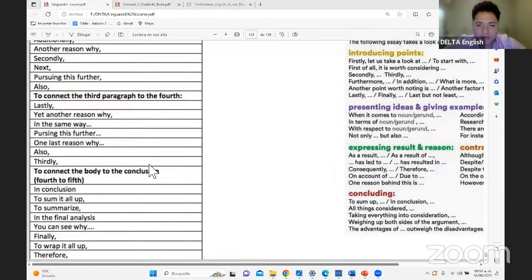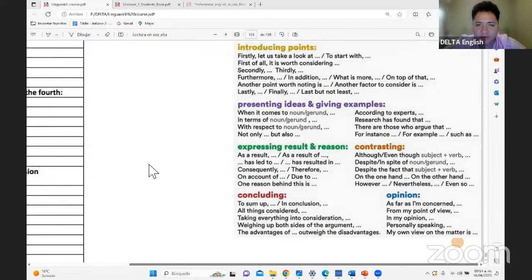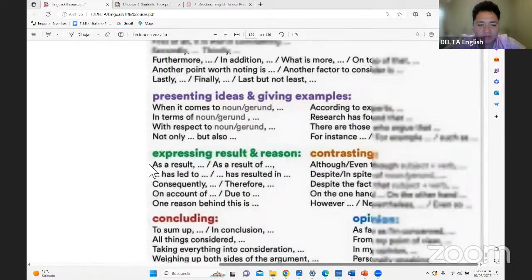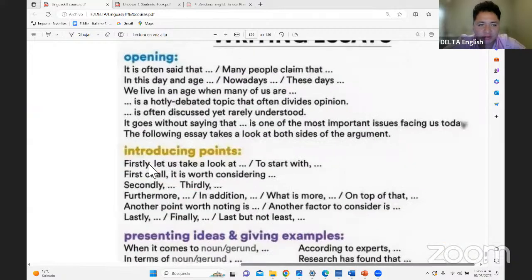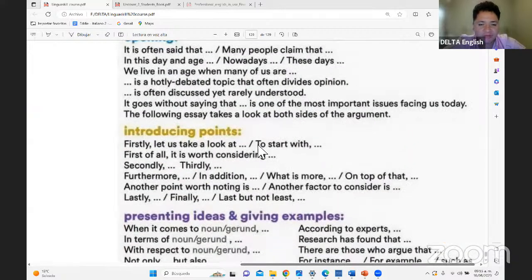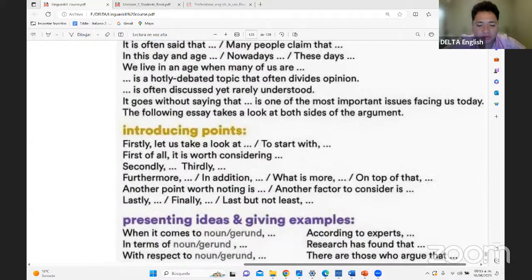All right, here. So you can use all these expressions when you want to start something. But we're going to check the ones that we have in our book first.